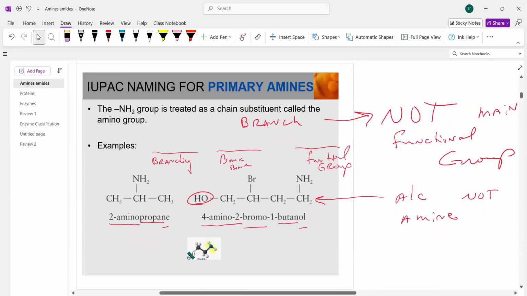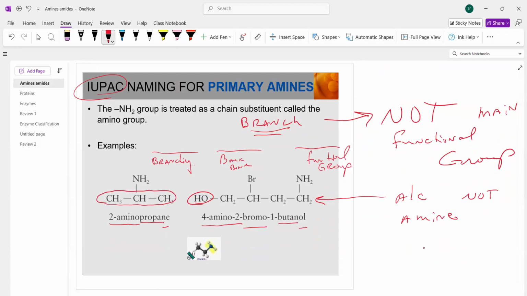Now, when we're using the IUPAC name for amines, the NH2 group, the amino group, is treated as a branch, not the main functional group. So like this is treated as a propane with a branch at carbon number 2.